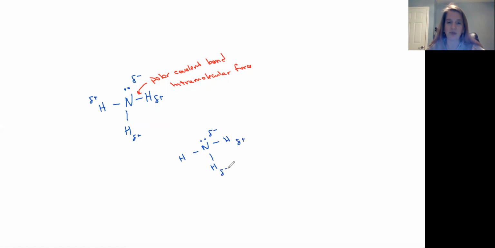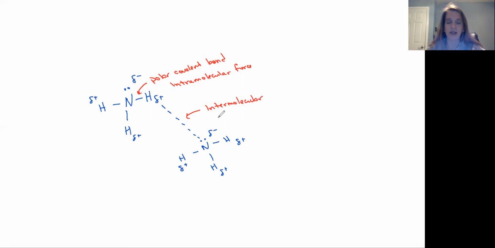You need to use a dashed line, not a solid line. Solid lines represent intramolecular forces, dashed lines represent intermolecular forces. So this here is an intermolecular force because it's between those two ammonia molecules.